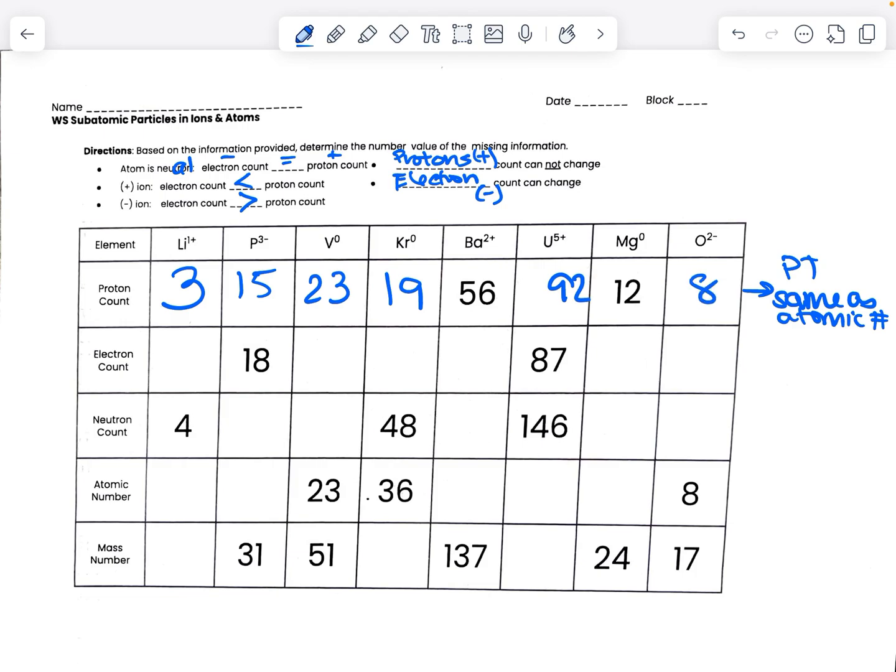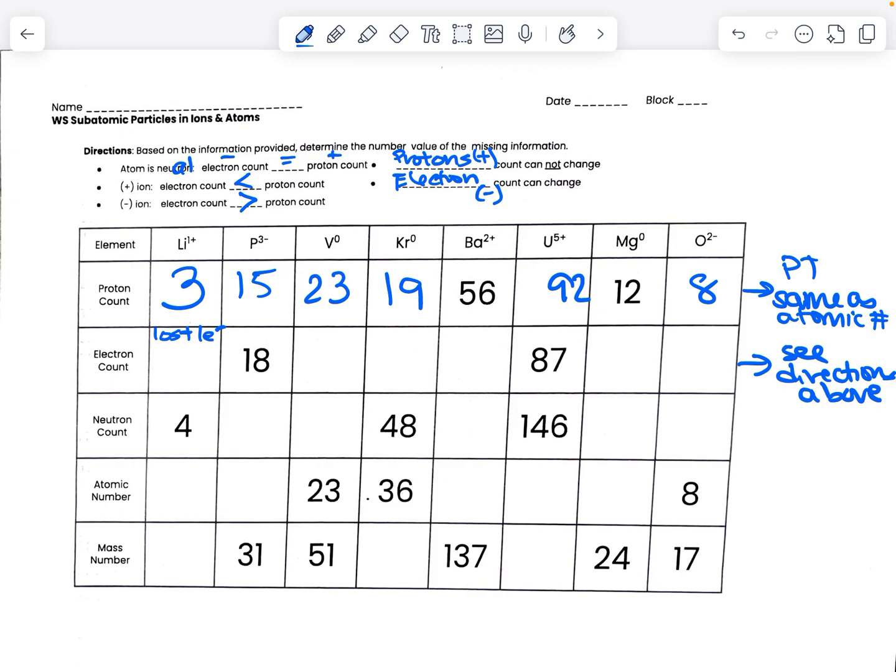All right, the next would be electron count. So again, see the directions above. The number of protons, this first row, is always going to be the same. So for example, lithium is a +1. That means we've lost 1 electron. If we normally have 3 protons, we would normally have 3 electrons.